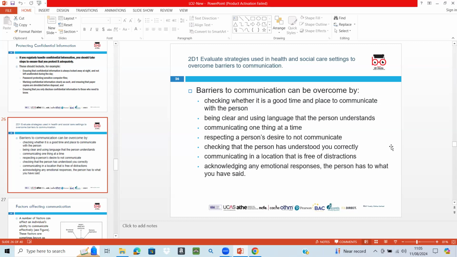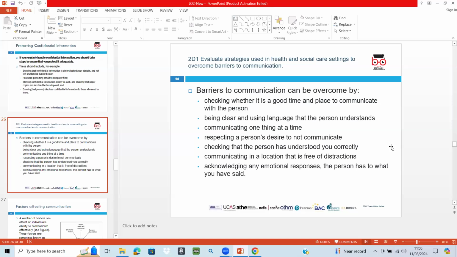Then communicate one thing at a time. Overloading a service user with information can lead to confusion. As an example, when discussing a treatment plan, it's better to explain one step at a time, ensuring the service user understands each part before moving on to the next.